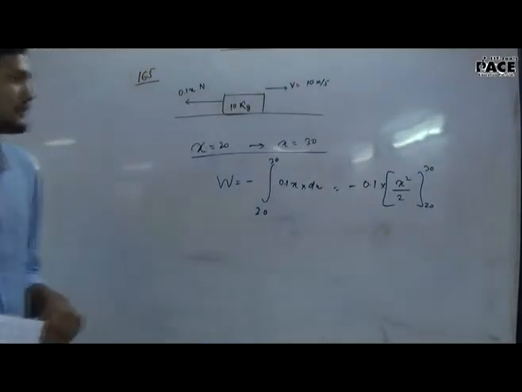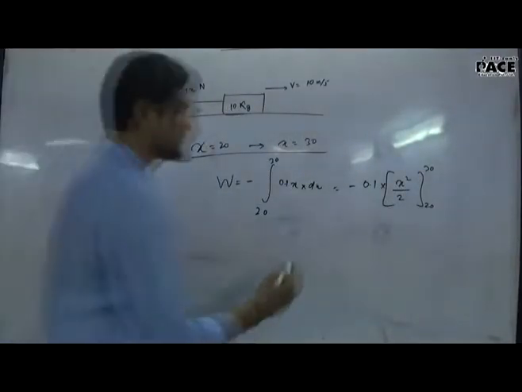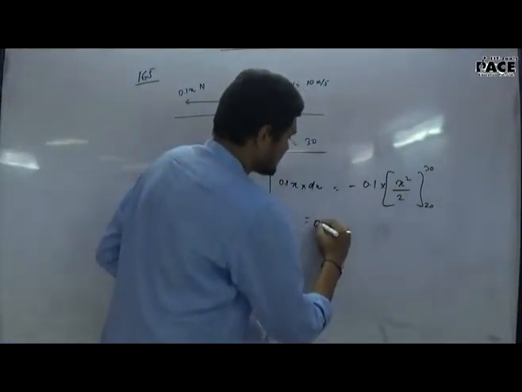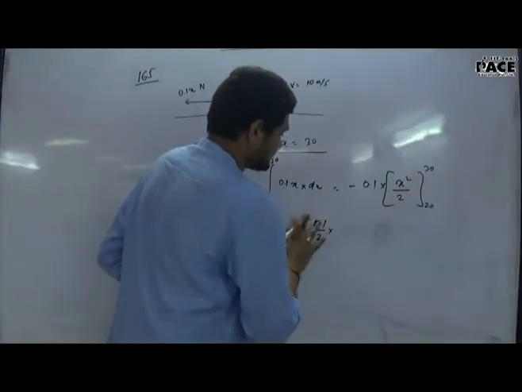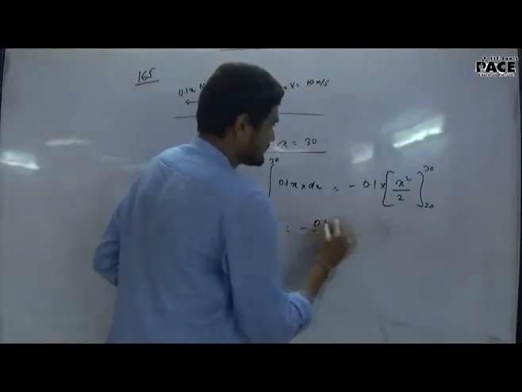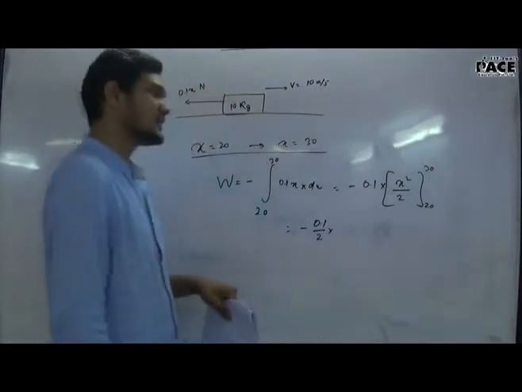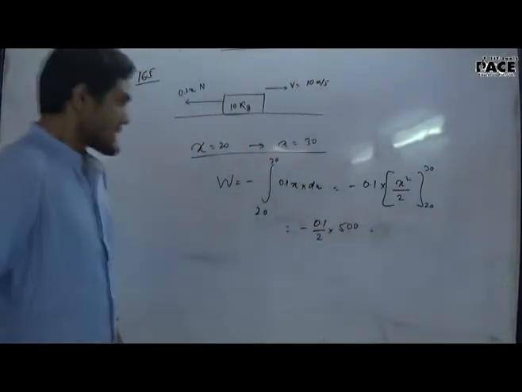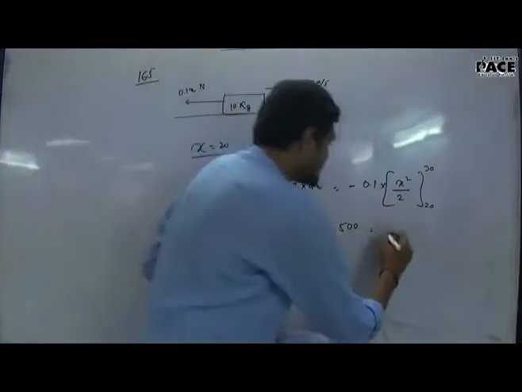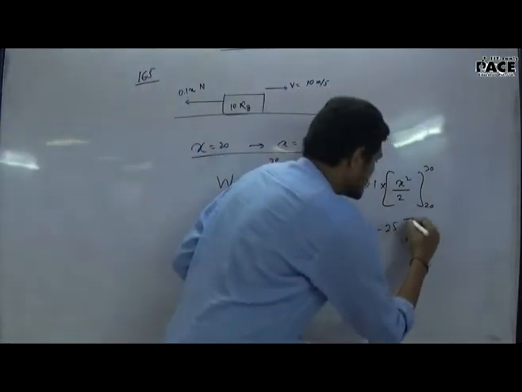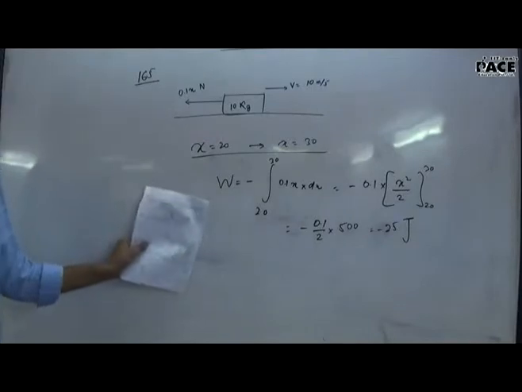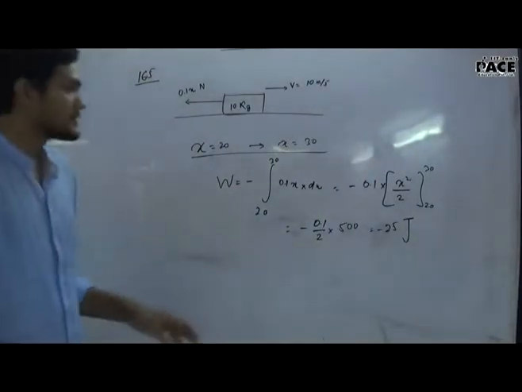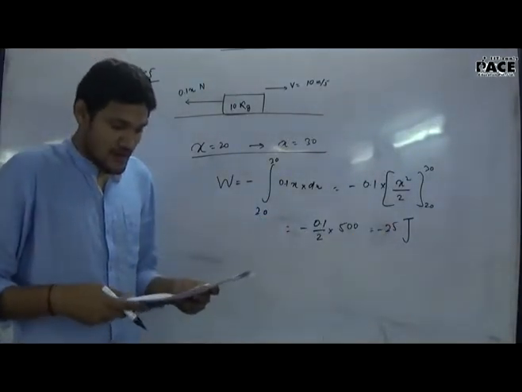Just put the values of x as 30 and 20: 900 minus 400 is 500, by 2, 50 by 2, that is minus 25 joules. So the work done by the resisting force comes out to be minus 25 joules.